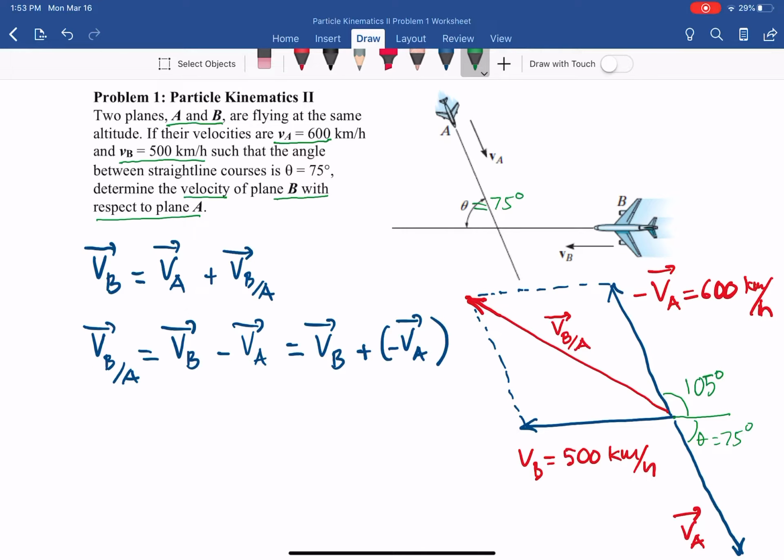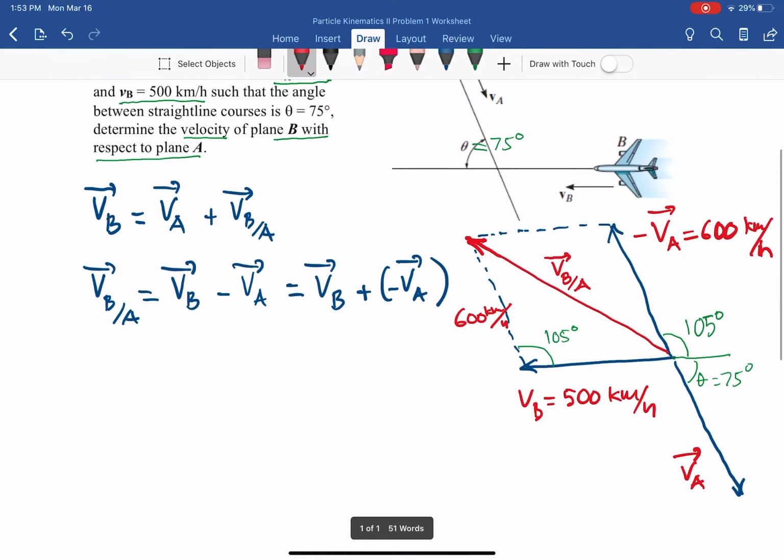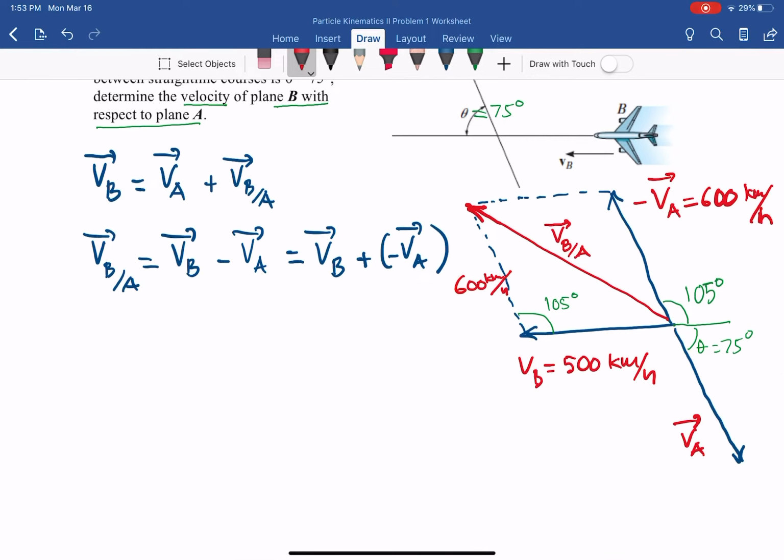And as 105 degrees here, I can have 105 degrees in that angle. And at 600 kilometers per hour, we also have the opposite side here, 600 kilometers per hour. Okay, so now we may be able to use the cosine law to solve this problem.